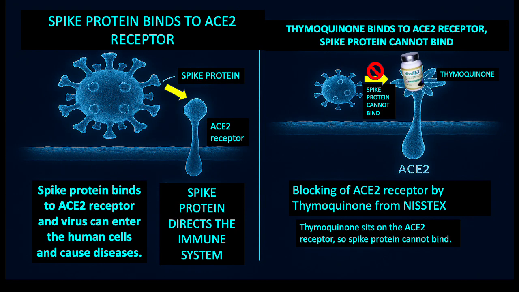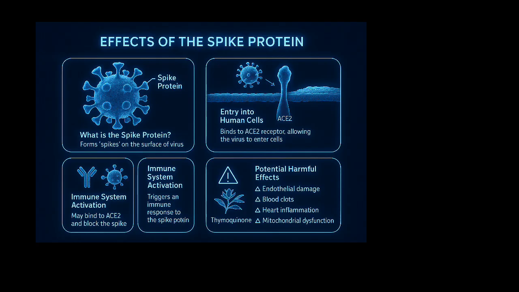Okay, so this is the comparison when you have thymoquinone and when you don't have thymoquinone. There are two different effects that can be seen. So we know that the effect of spike protein is very serious. It can affect a lot of things.